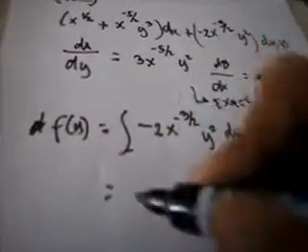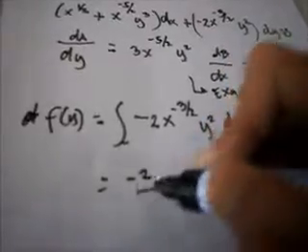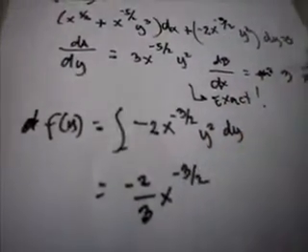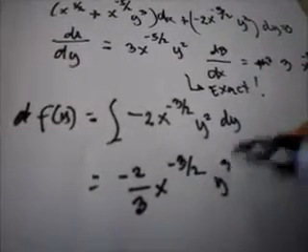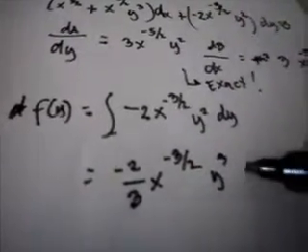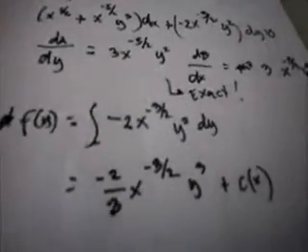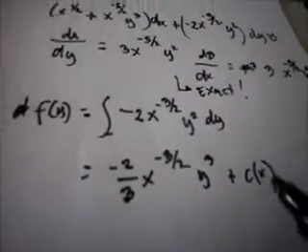If we integrate that, we get negative 2/3 x to the negative 3 halves y cubed plus c of x. Our main concern now is to find the value of c of x.